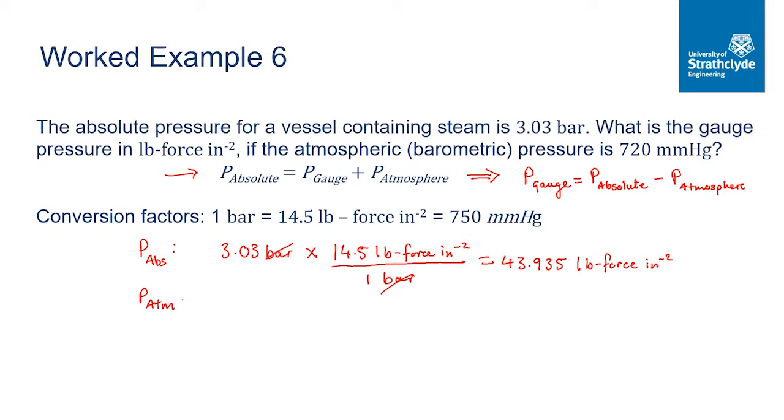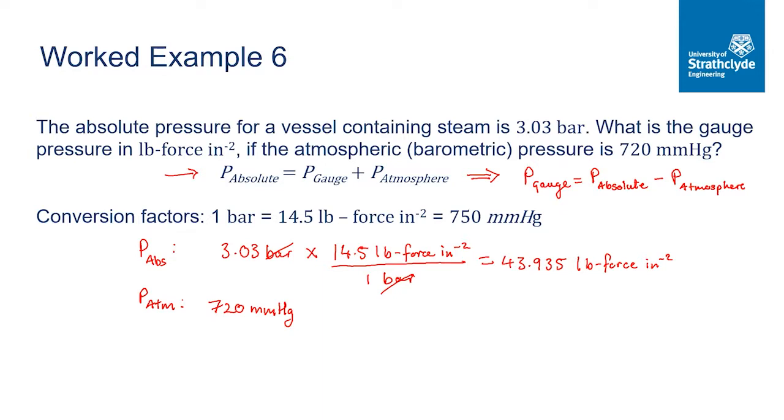So again, our atmospheric pressure is 720 millimeters of mercury. And so in this case, we're not interested in our conversion factor of 1 bar. We are concerned only about the equality on the right.